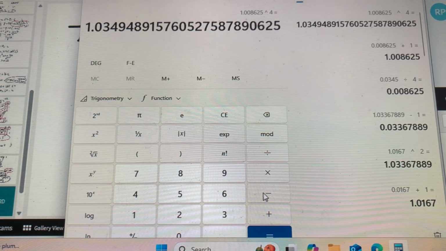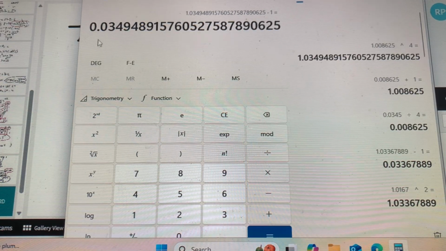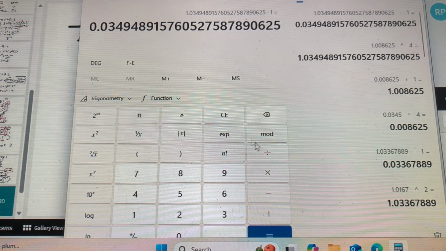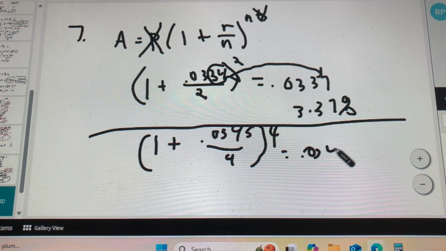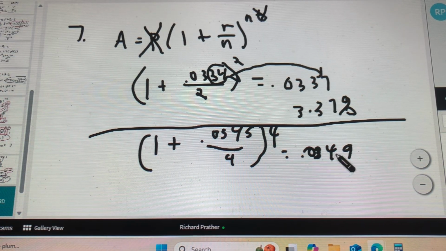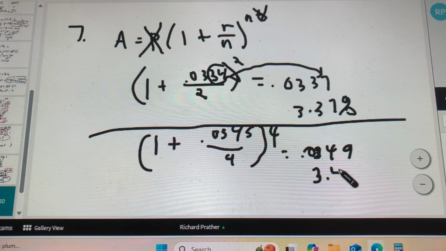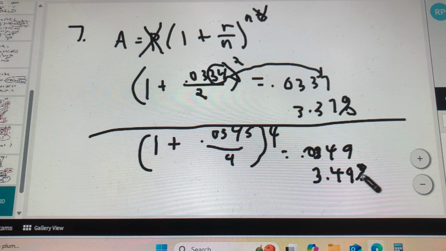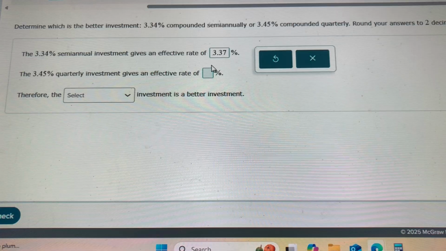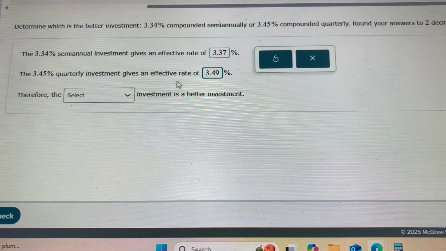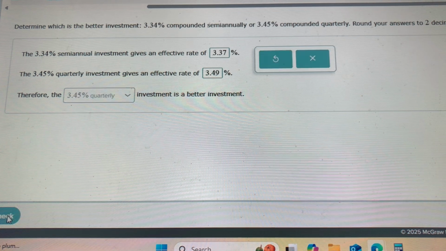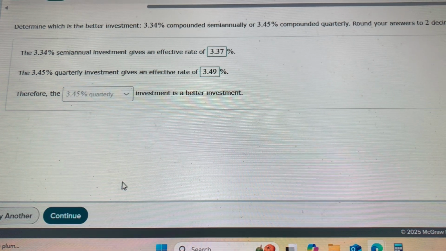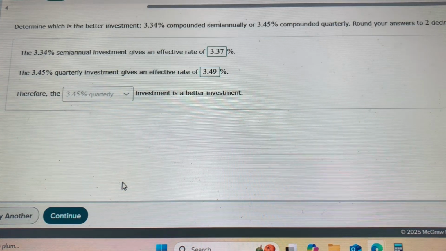And then get rid of the front one by minusing 1. 0.0349. And then move this over twice, 3.49%. So the second one's better. The quarterly is better because it has a higher effective rate. When things are on different scales, if you compare them to just once a year, then you can see which one's better.